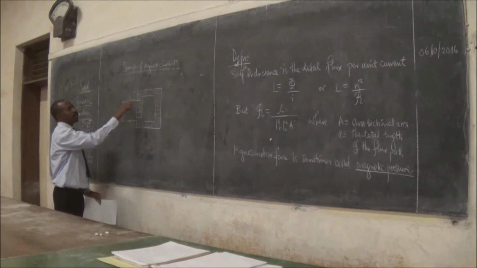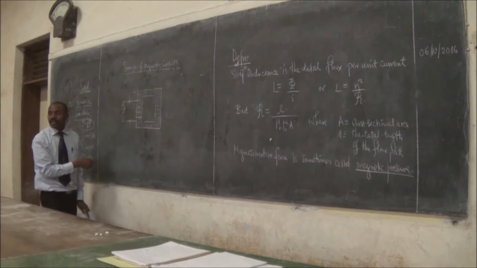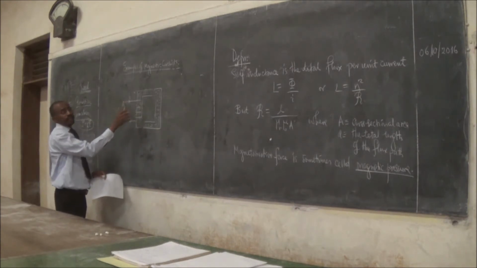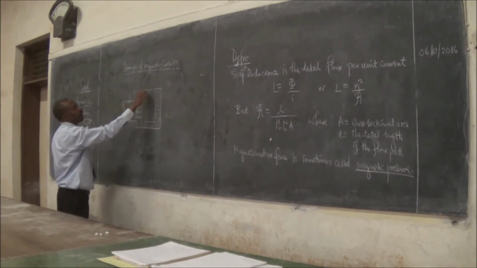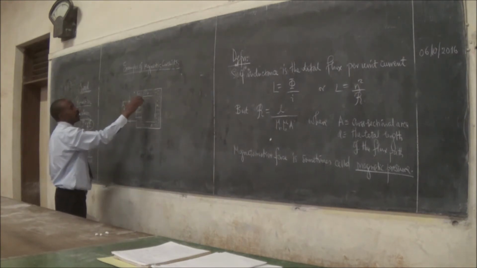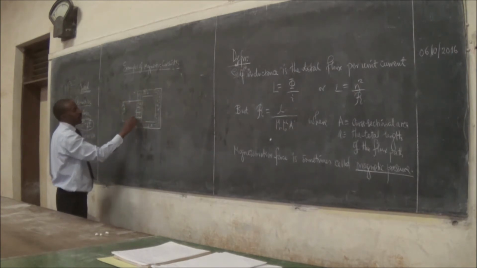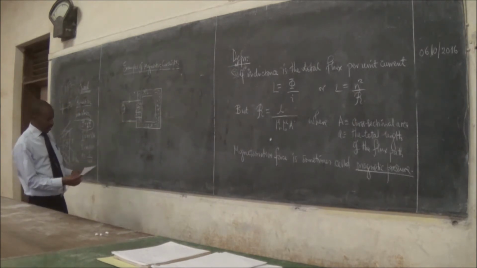So this current comes like this, goes behind, comes here, goes behind, and completes the circle. So the field lines will be in the direction of my thumb after curving the fingers in the direction of the current. Then complete another one here, going down. So we can have this as A.